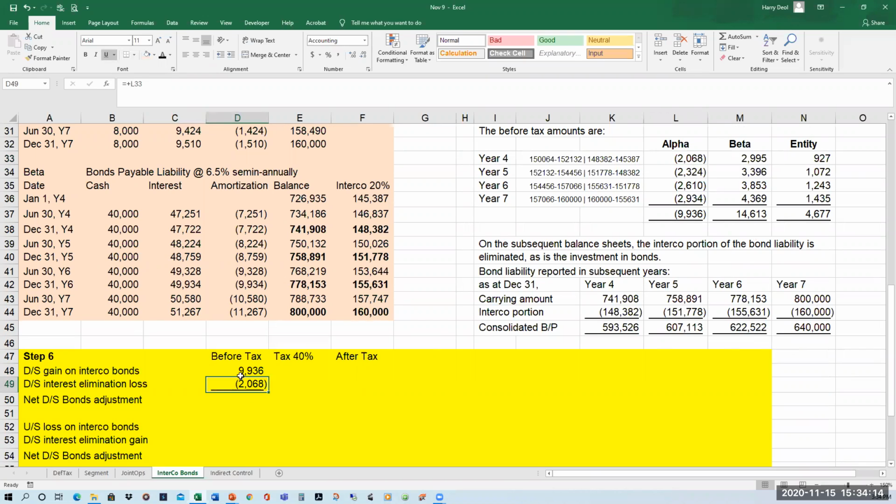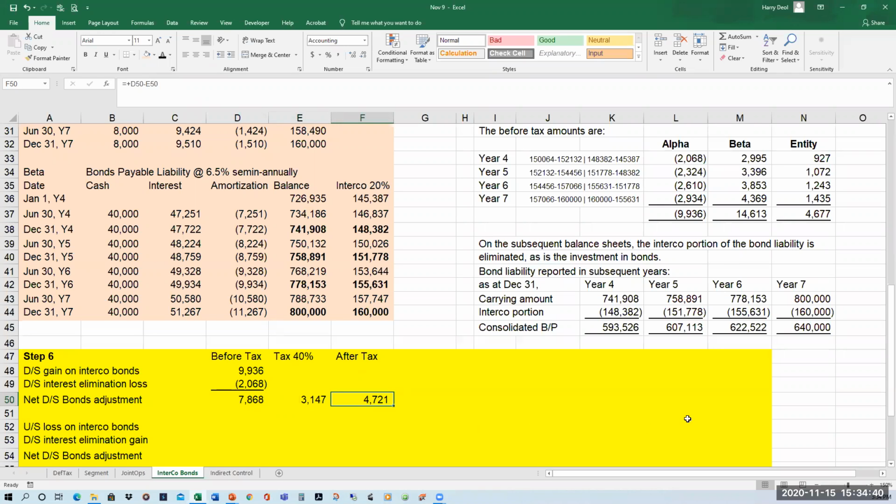And there is an interest elimination loss for year 4, 2,068. So the net adjustment that alpha has to make is $7,868. Given a tax rate of 40%, the tax amount on 7,868 is 3,147, leaving us with $4,721 as being the net downstream bonds adjustment.